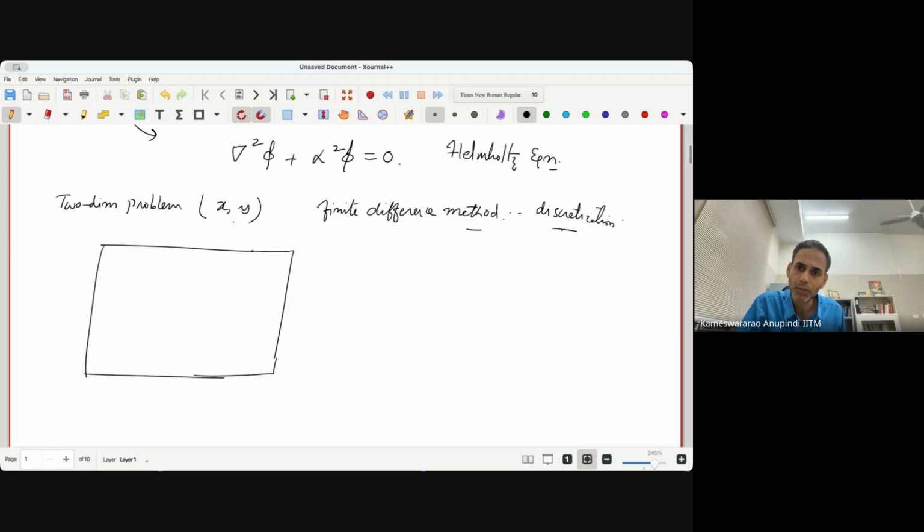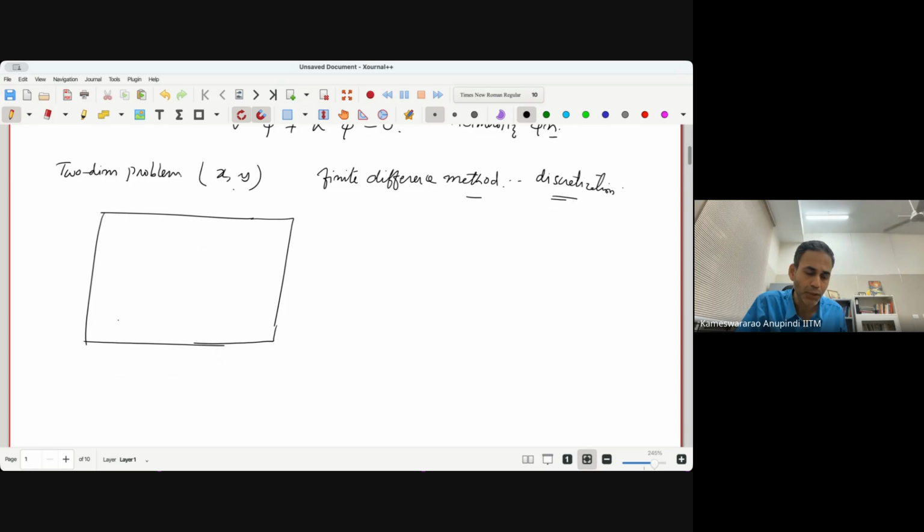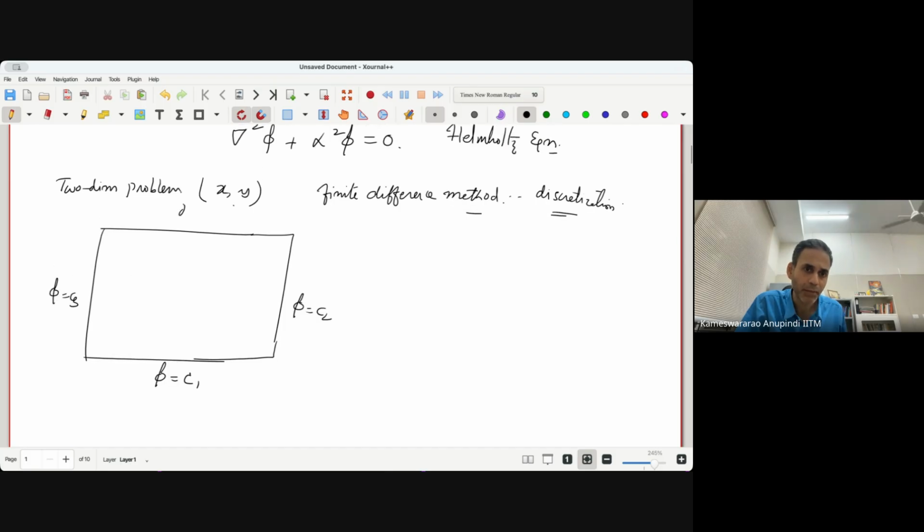The domain could be something like this, where we are prescribing phi values. For example, phi could be prescribed as C1, C2, C3, and here maybe the normal gradient of phi could be prescribed as some C4. These are the boundary conditions that are given.